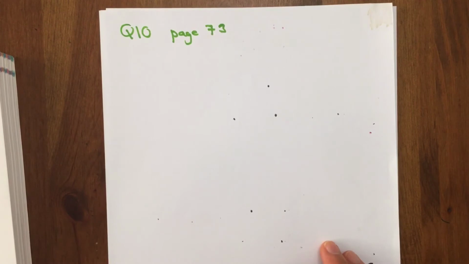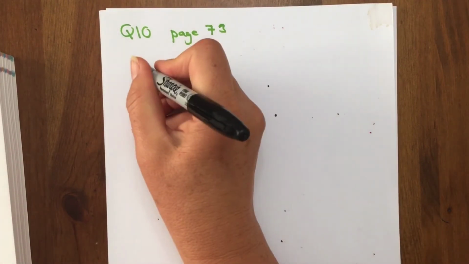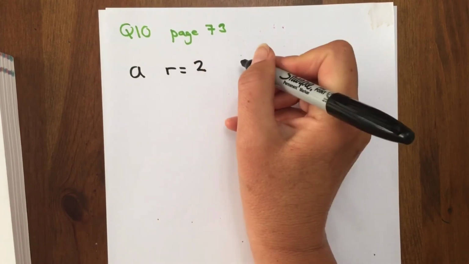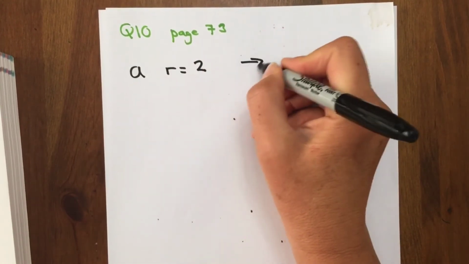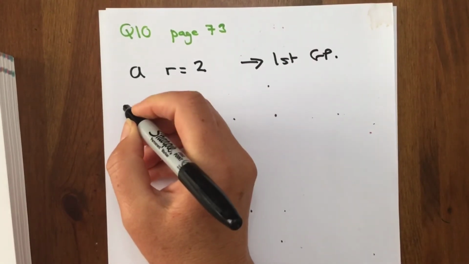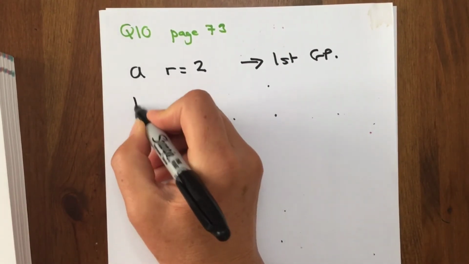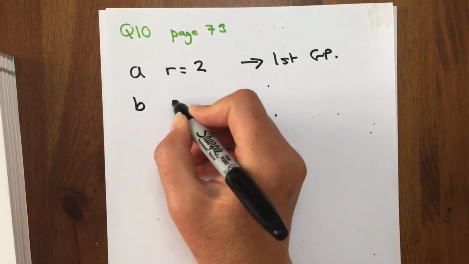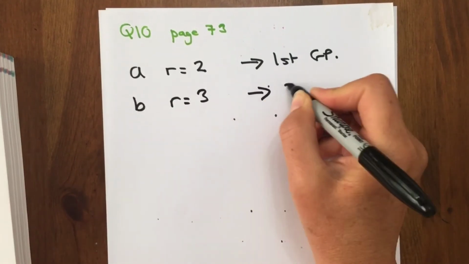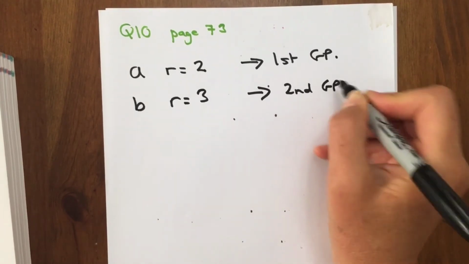Okay, we've got first term A, common ratio 2. That's for the first geometric sequence. Okay, a different geometric sequence has first term B and a common ratio of 3. Okay, so this is another geometric progression.